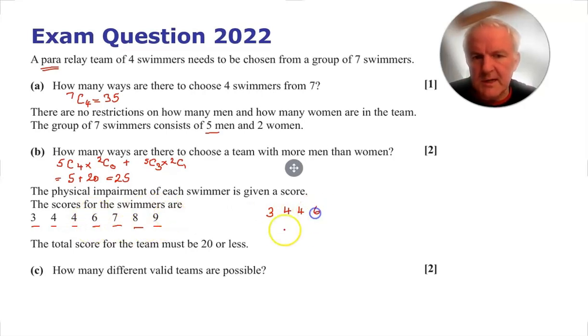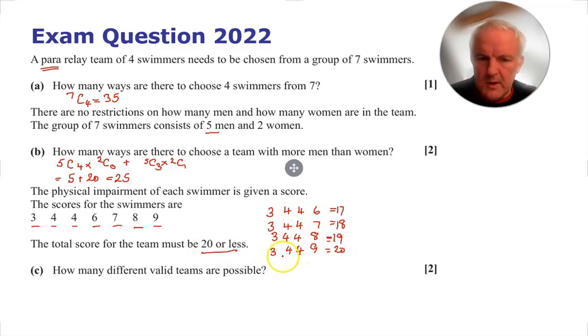I could have a 6, that's under 20. 3, 4, 4, 6 makes 17. And 7 makes 18. I think I can do 8 and 9. 3, 4, 4, 8, and 3, 4, 4, 9. And I was just quickly checking, it's 20 or less. So that's got 4 ways of doing it.